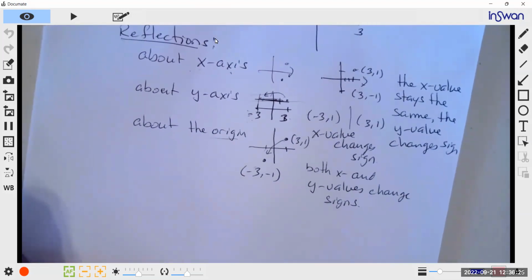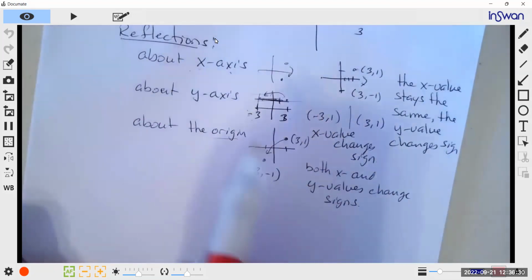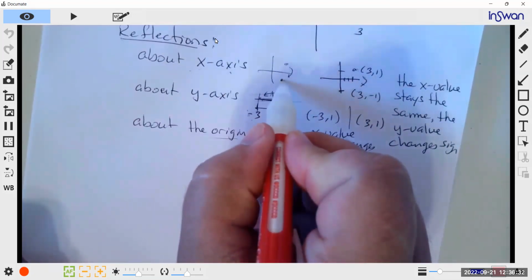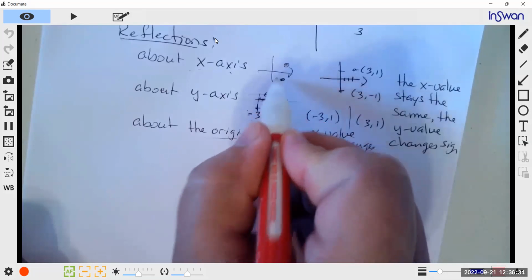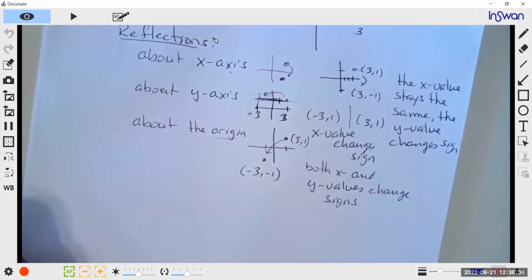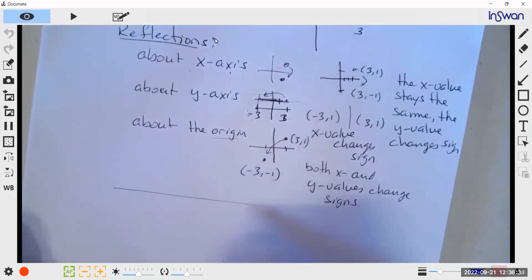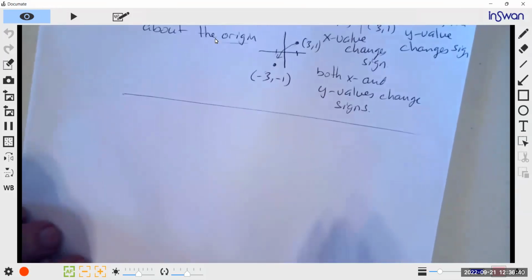Okay, so that's what it means to be reflective. Because once it's reflective, then we have a symmetry. It's equal on both sides of the axis it's looking at.